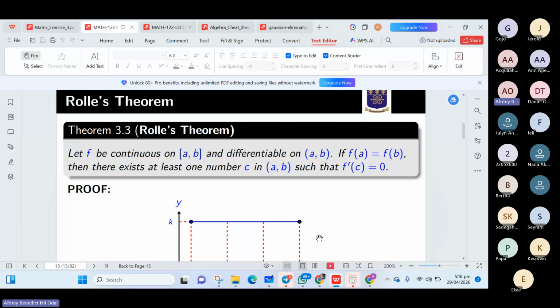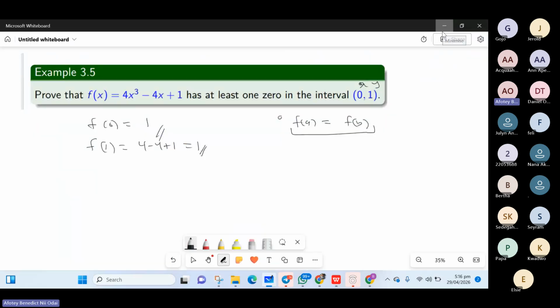Rolle's theorem is saying that then there exists a number c in (a, b) such that f prime of c is equal to 0. So that f prime of c becomes the solution. Once we have f prime of c, we first find the derivative of f of x.